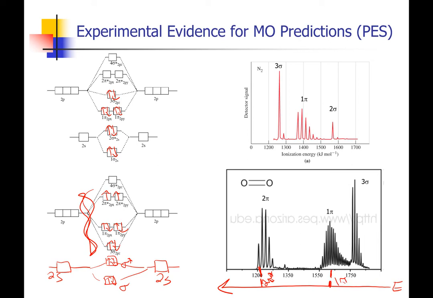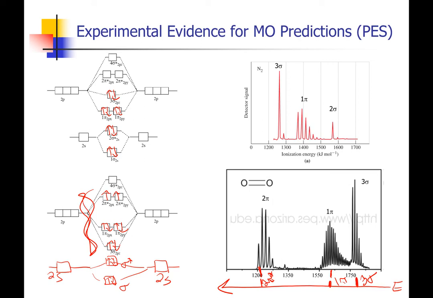And then below that, we had the 3 sigma, and there was 1 of those. And we don't draw the 4 sigma star. Why not? Well, it's somewhere up here with no electrons in it, so what's the point? You cannot study empty molecular orbitals with photoelectron spectroscopy because you can't eject electrons out of empty molecular orbitals. So we'll take that off.